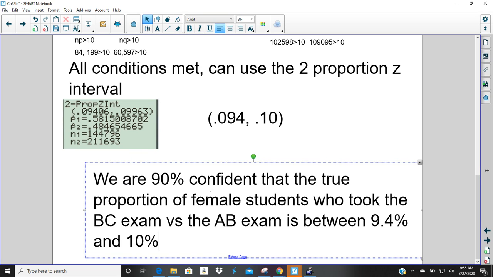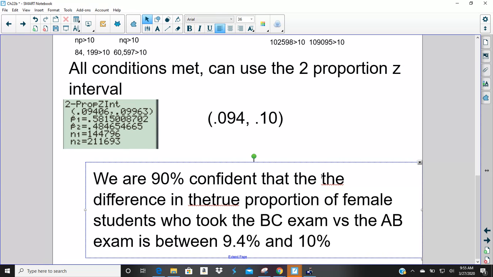Where the difference, the true proportion. Okay, good.